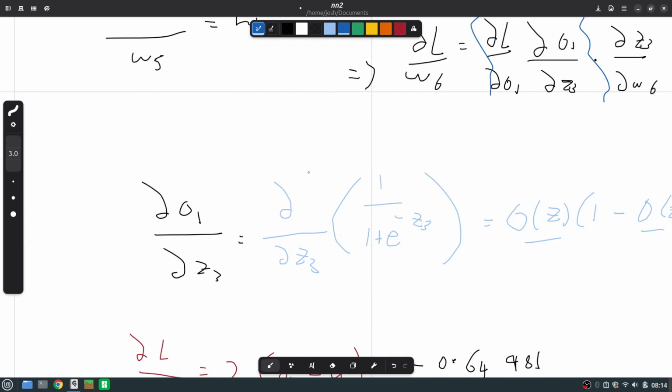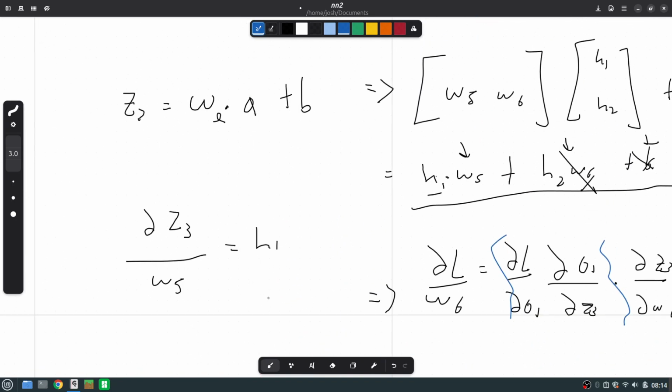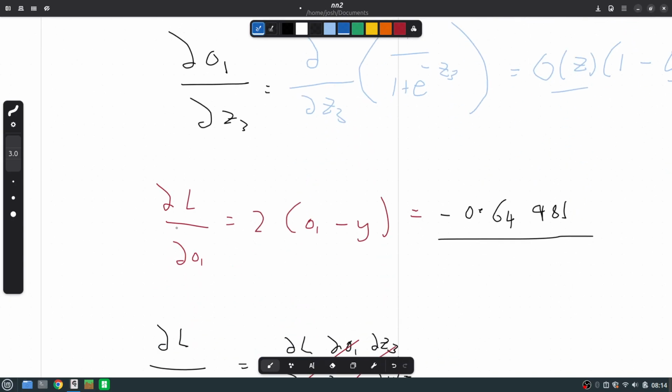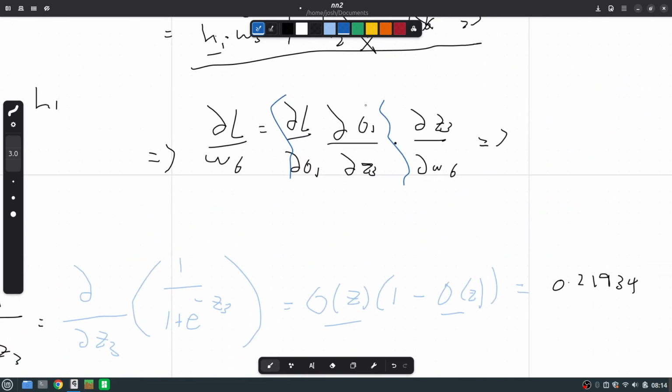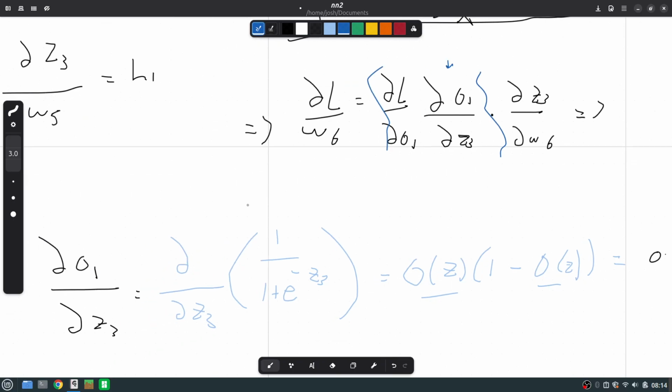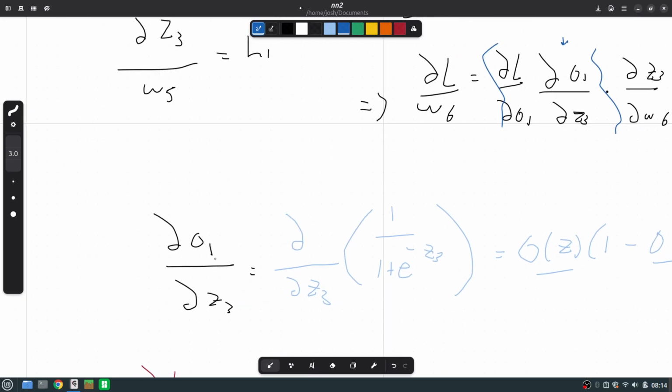I felt like we computed that. Oh, here it is. I was pretty sure we had computed that. So we already have this partial derivative, so we don't have to compute it again. We can reuse it. And this portion here we can reuse as well: the partial derivative of the output with respect to z3, and we have that value here.